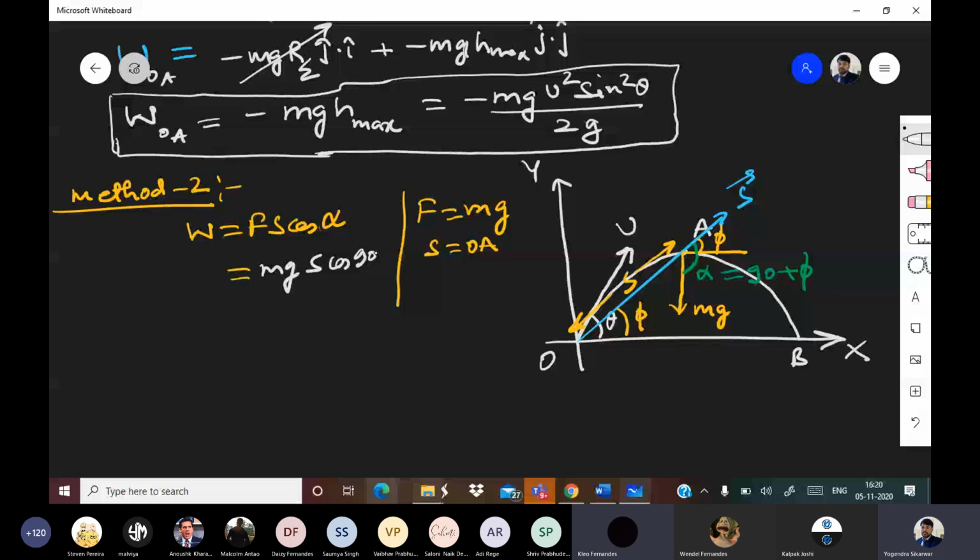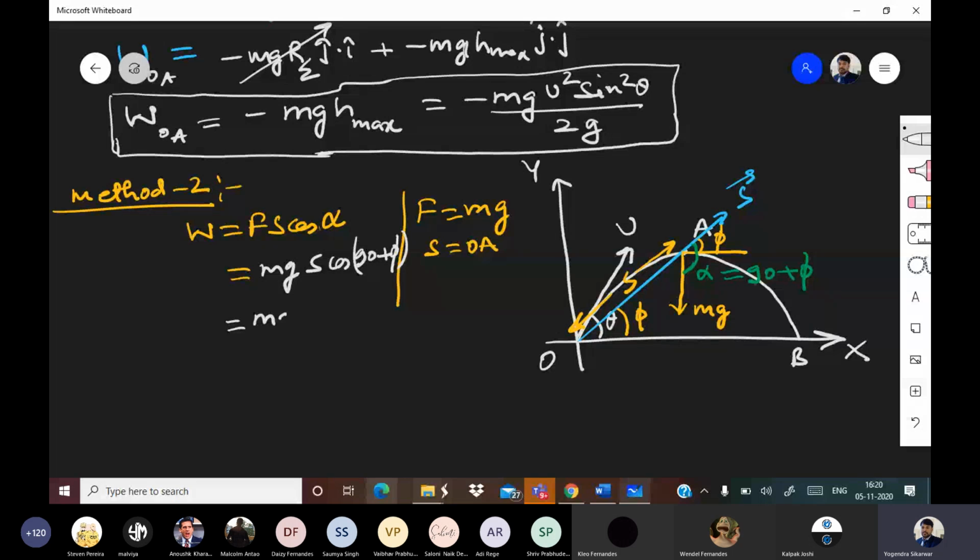Is it necessary to write 90 plus phi as alpha? You can directly write it. It depends. If you don't get confused, you can write it like that. I am writing it so that you can understand the three different things. Theta is the angle with which u has been thrown. Phi is the angle made by the displacement vector from the x direction, and alpha is the angle between the F vector and the S vector. All three things are different.